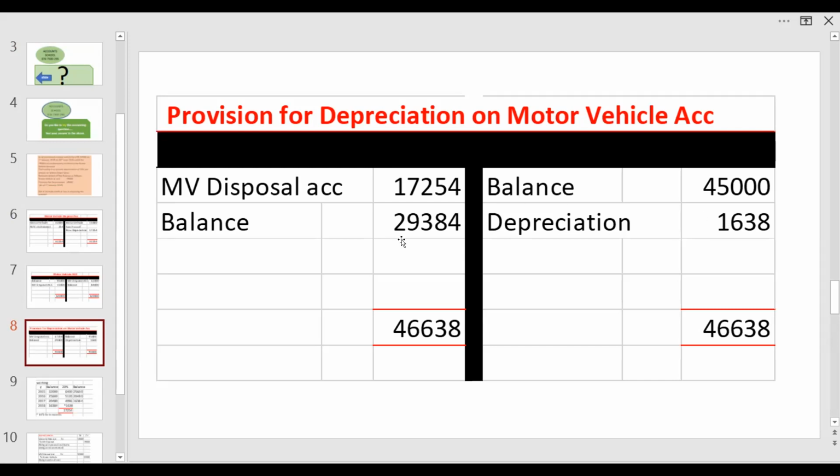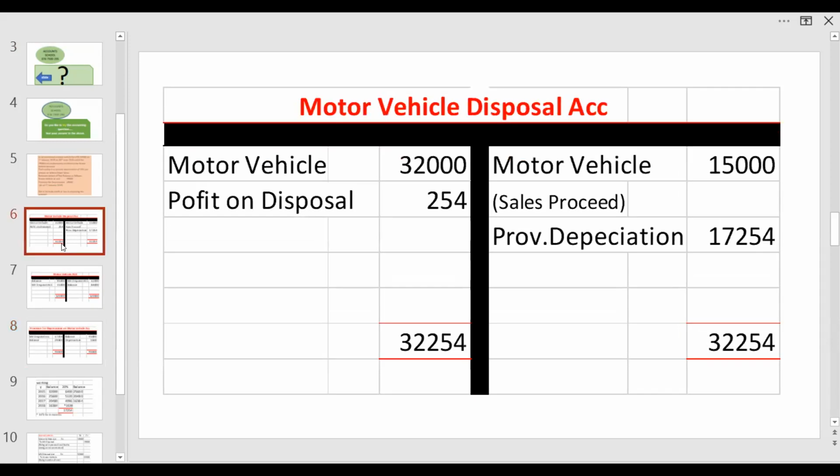Now you notice here, we say in the description, we write things like motor vehicle disposal, right? In that we say motor vehicle. What does it mean? That means we are not describing anything. We are writing the name of the other entry in which account it is. Say for an example, if this 15,000 is moved out of, brought into the disposal account, this did not come from a vacuum.